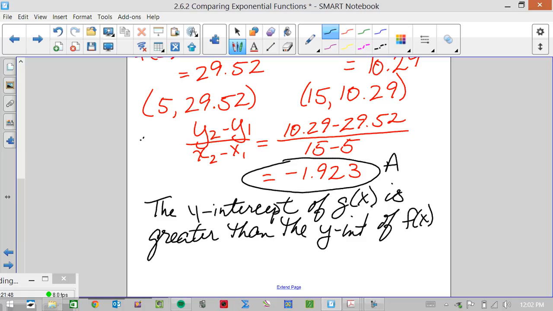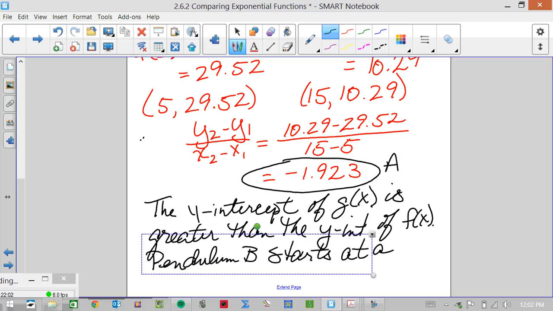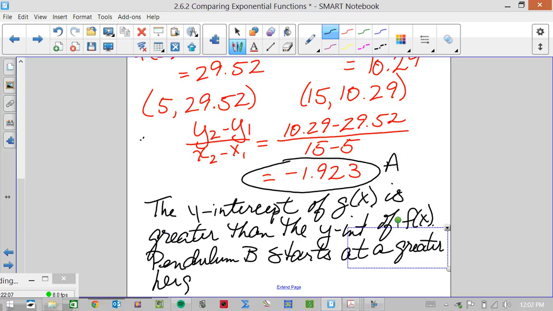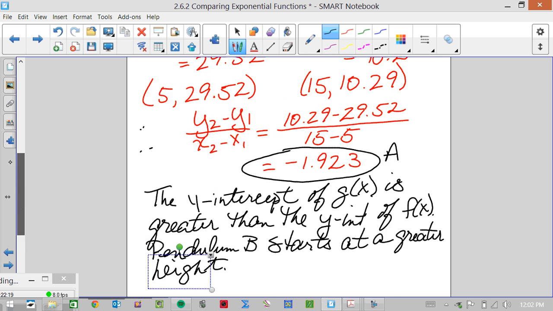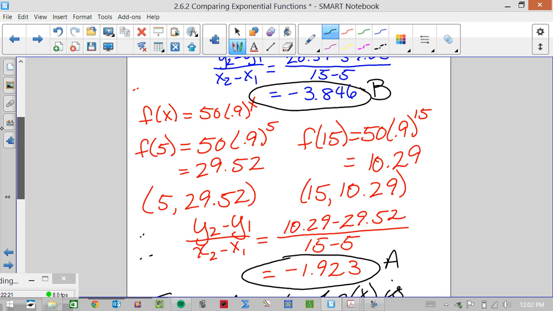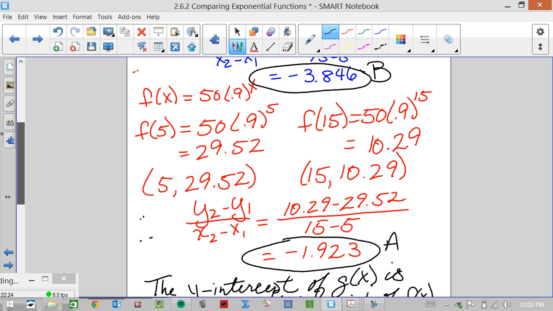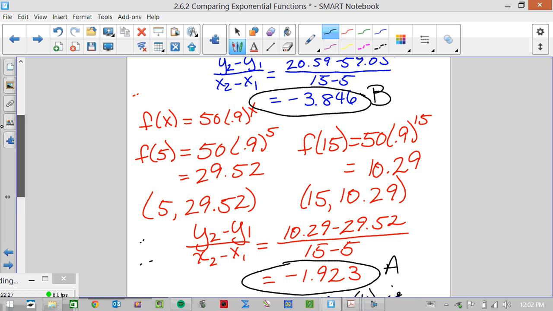What does that mean in context? It means that pendulum B starts out at a greater height. And as far as our rates go, pendulum B is losing height faster.